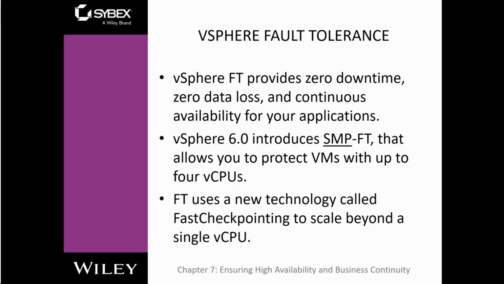If it was heavily CPU intensive, you were limited by that. The big thing here is fault tolerance doesn't rely on restarting a VM. It deals with actually loading a second copy of that VM on a separate host and then doing a migration.